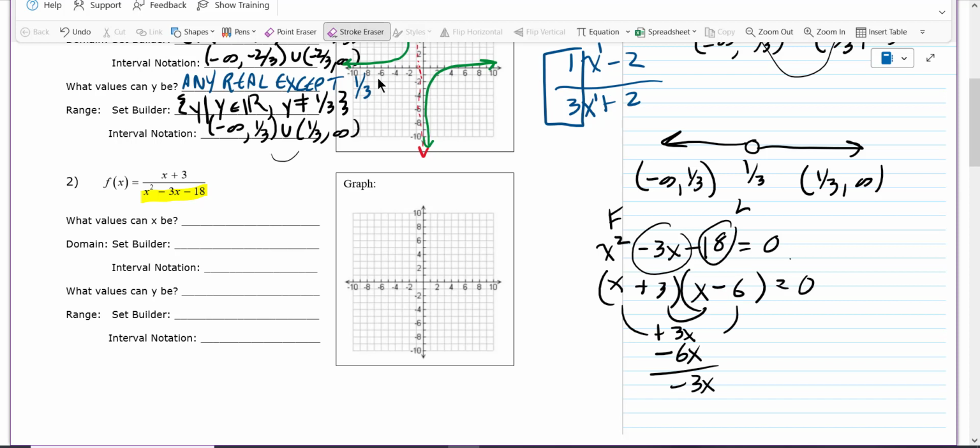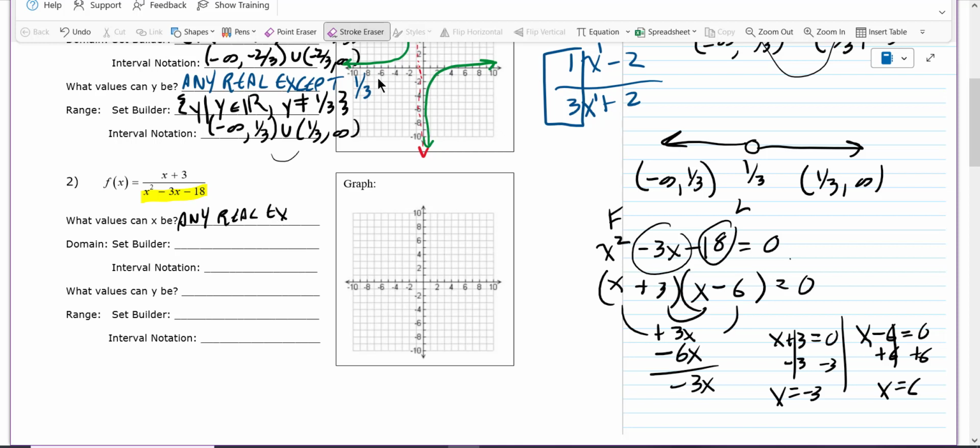Okay, now you can do this in your head, or you can just, you always set each factor equal to 0 to generate those two solutions. Show the work if you need to, but you don't have to. You can do both of these in your head. So if you subtract 3, you're going to have x equals negative 3. If you add 6 to both sides, you're going to get x equals 6. So in this problem, what values can x be? x can be any real number except 6 and negative 3.